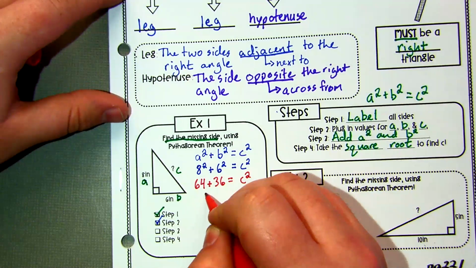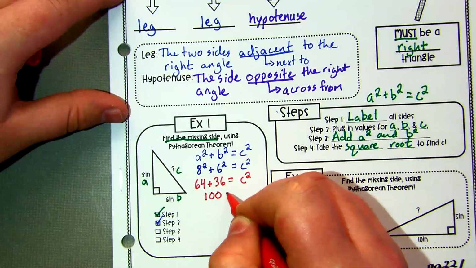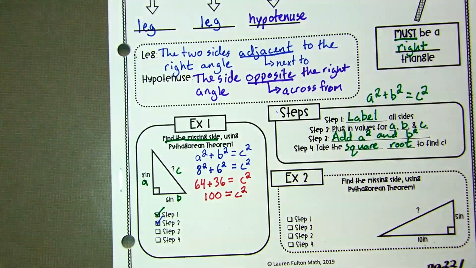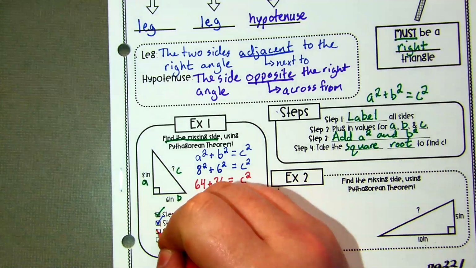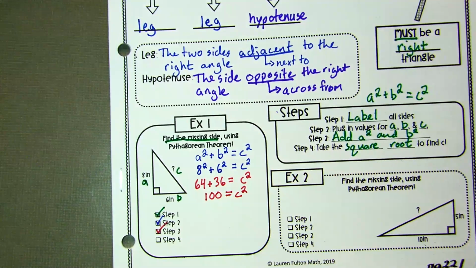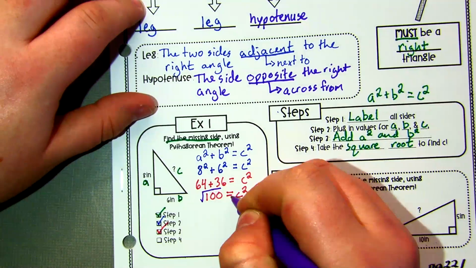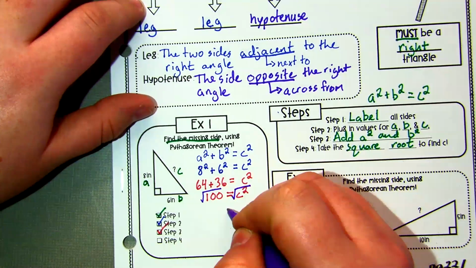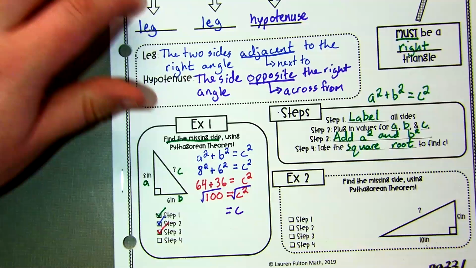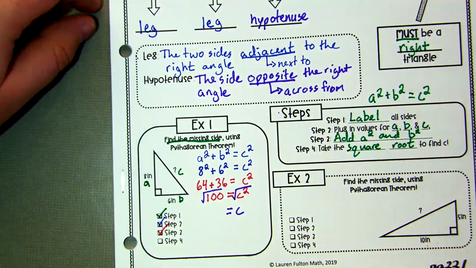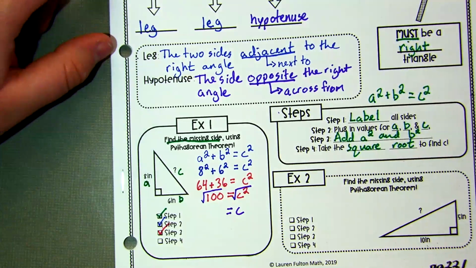We add those together and we get 100 equals c squared. We're done with step 3. And step 4 is to take our square root. Put that in purple here. What is the square root of 100? 10.